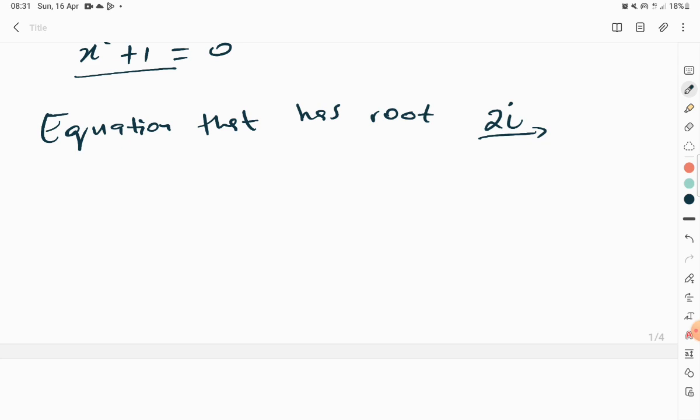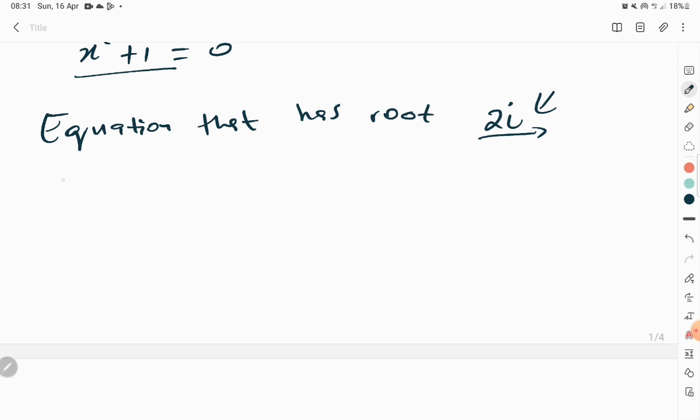It is very wise to remember that complex solutions always go in pairs, right? They always go in pairs. So if this is the root, then we also have the conjugate of this root being one of the roots as well of the same quadratic equation.